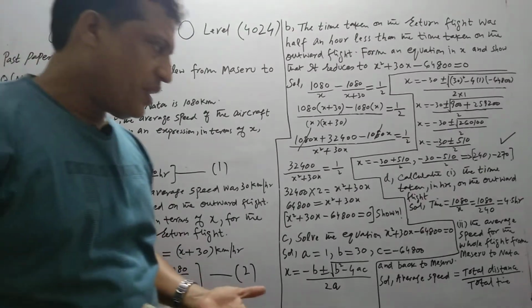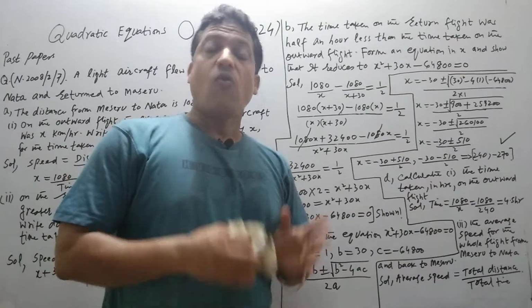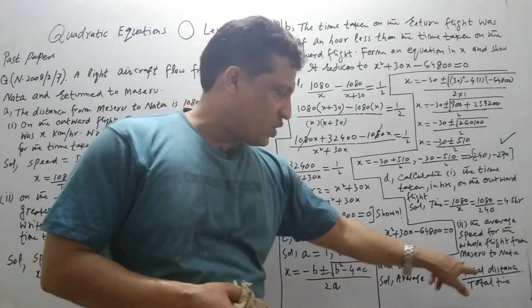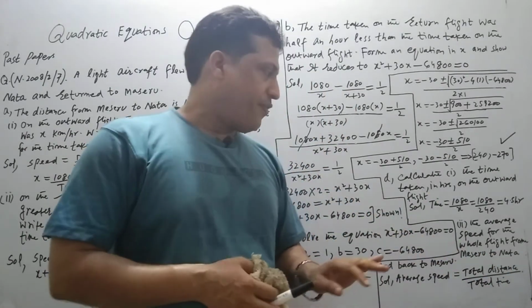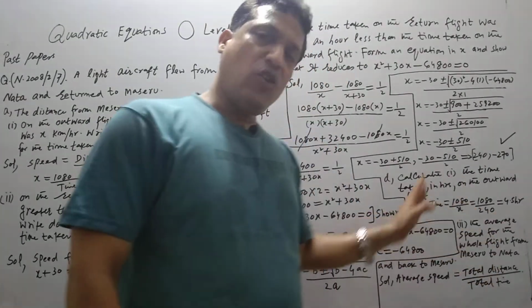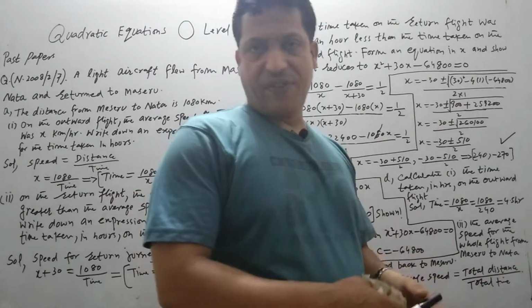It's very easy. You must know the formula of average speed. What is the formula of average speed? Average speed is equals to the total distance upon total time. Plug in total distance in numerator and plug in total time in denominator, you will get the average speed.